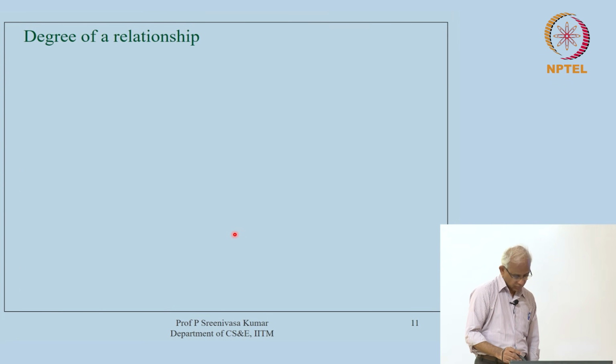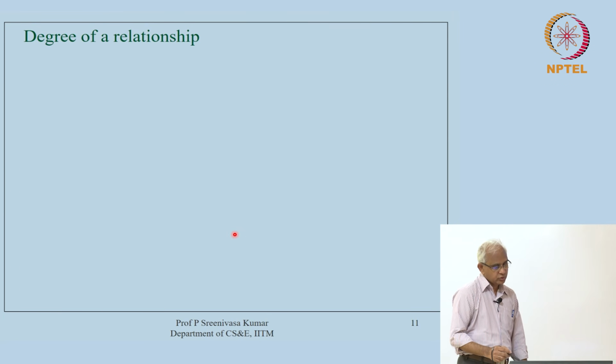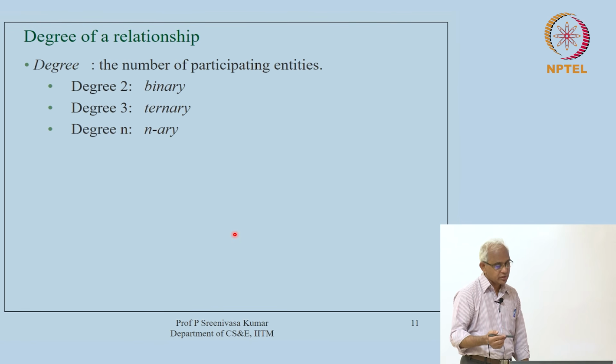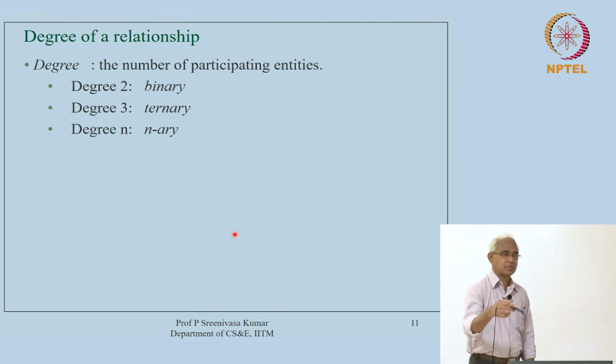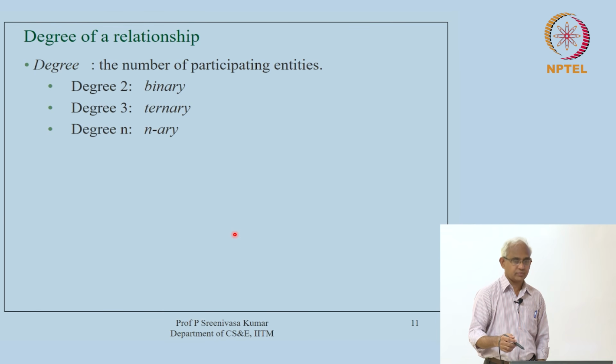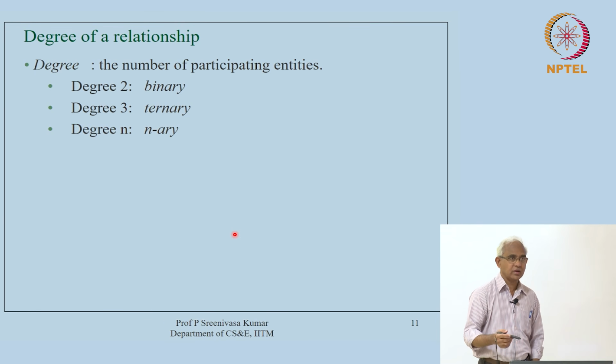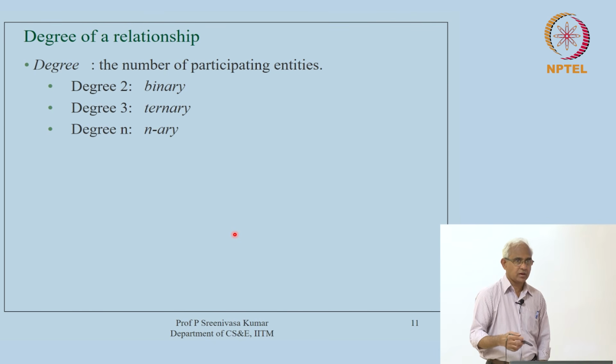Now, we use the term degree for a relationship, basically to capture how many entities are participating in that relationship. Typically it is binary, but in some situations we may have to use ternary and sometimes n-ary relationships.